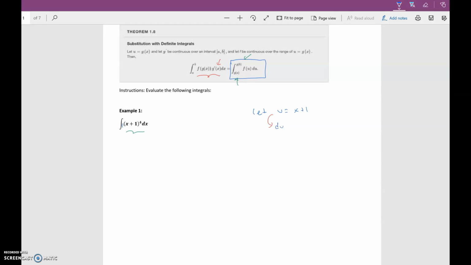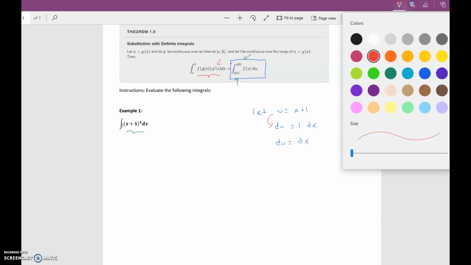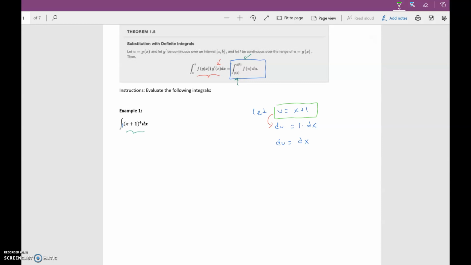So the derivative of u is equal to 1 times the derivative of x. You evaluate the u term and the differential, and see if, once you plug them into the original function, you're able to reduce the integral to its simplest form. So the idea is, after we do a u substitution, is it easier for us to evaluate the resulting integral?